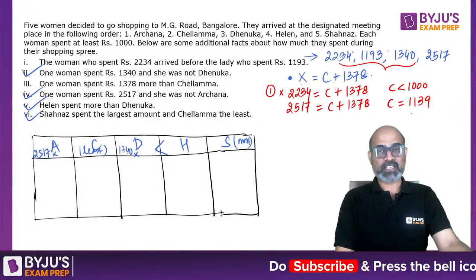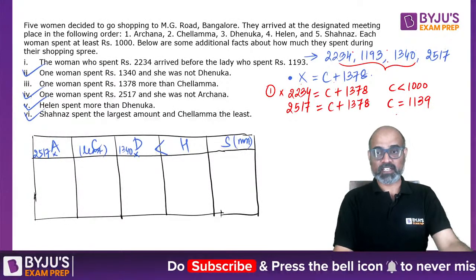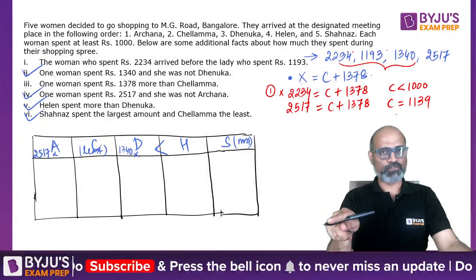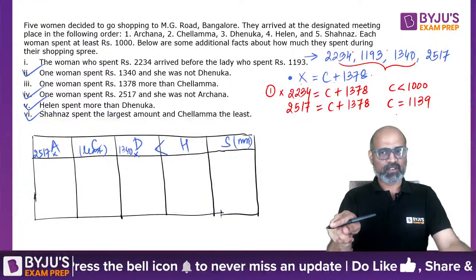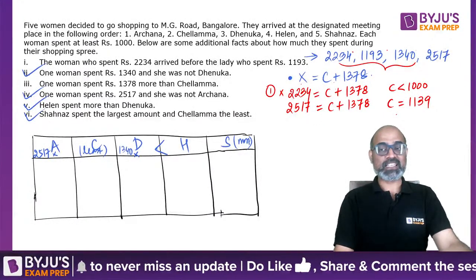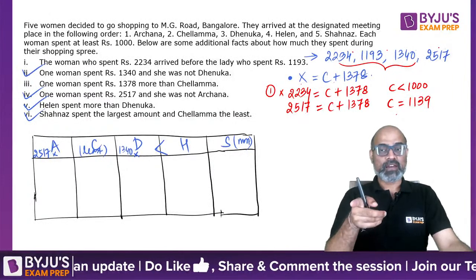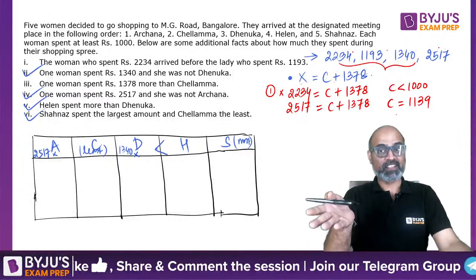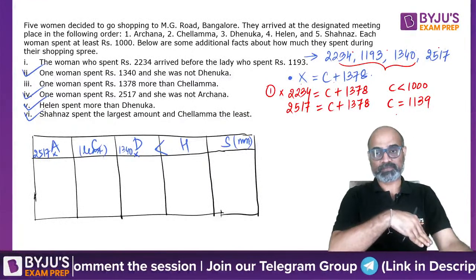Okay, so we have a scenario where C gets 1139, which is the lowest among all the 5, right? And 2517 is that person whose amount spent is 1378 more than C.